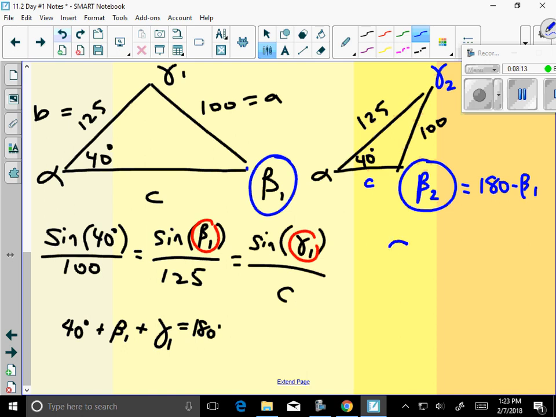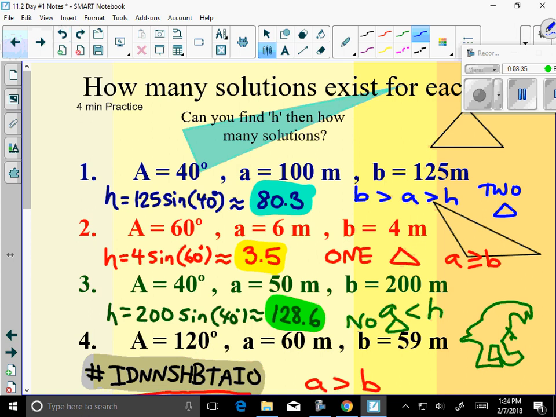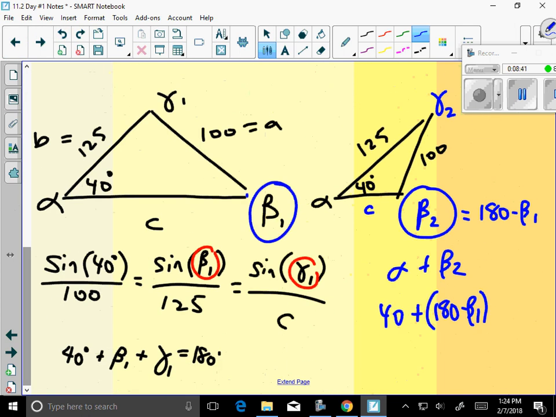What's true is then that alpha, which we know is 40, plus beta 2, which we know would be 180 minus beta 1, plus gamma 2 has to equal 180. And then the rest from there is cross multiplication and simplification.